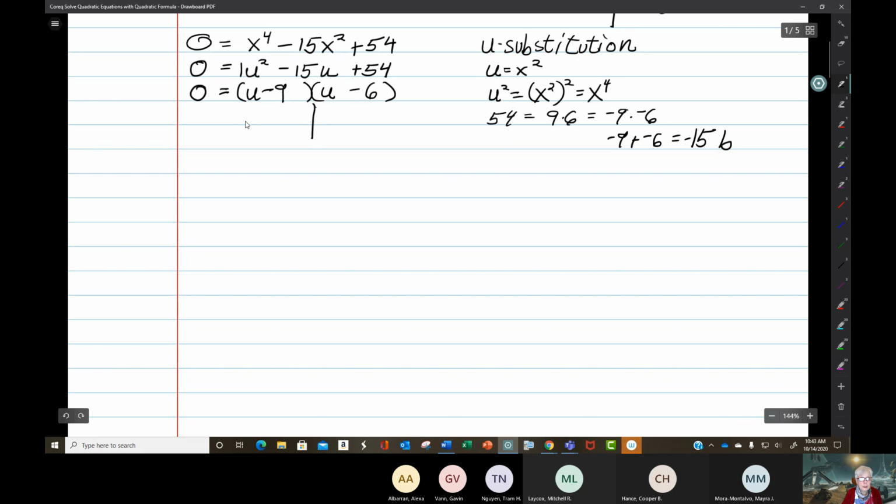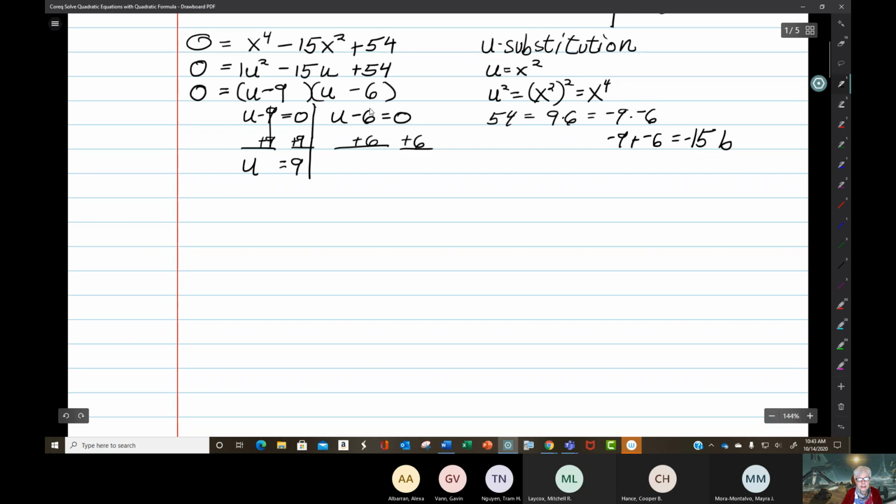Now I set each factor equal to 0 and solve for U. All right, add 9 to both sides. -9 plus 9 is 0, leaving me with U on the left and 9 on the right. Same method over here, add 6 to both sides.